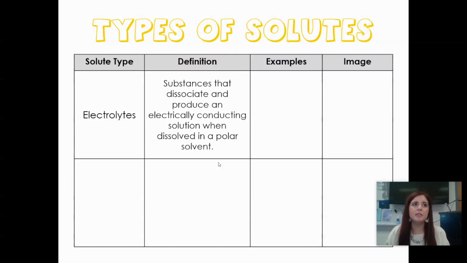Electrolytes are substances that will dissociate and form an electrically conducting solution. So when you are drinking Gatorade, you are drinking a lot of those charged particles that your body needs in order for your cells to function properly. So you're getting a lot of magnesium ions and sodium ions and potassium ions and chloride ions.